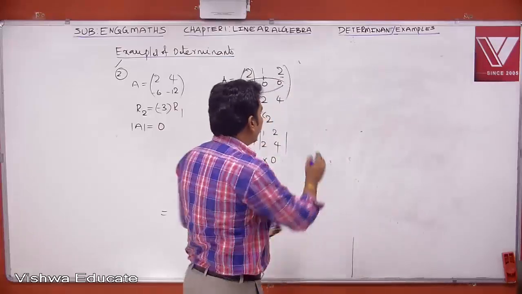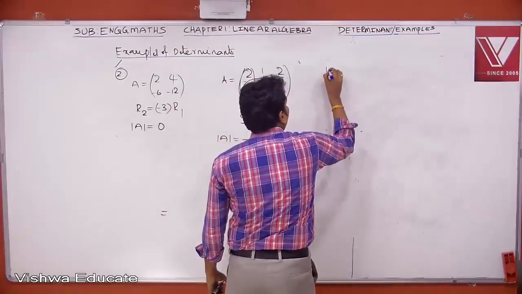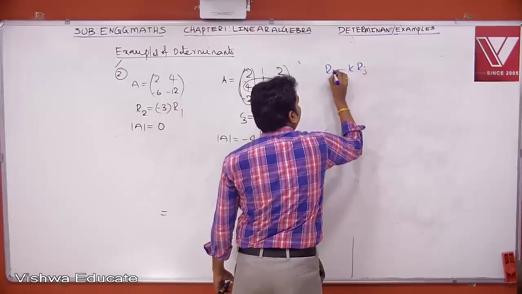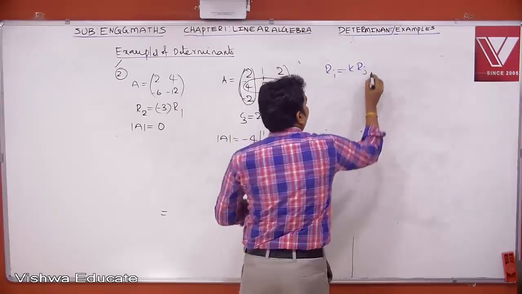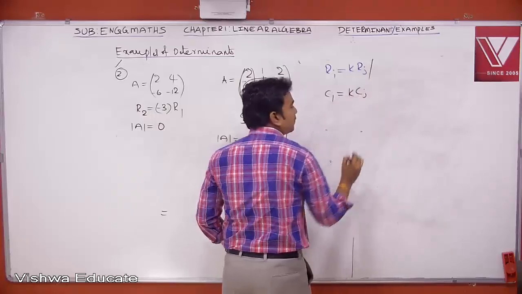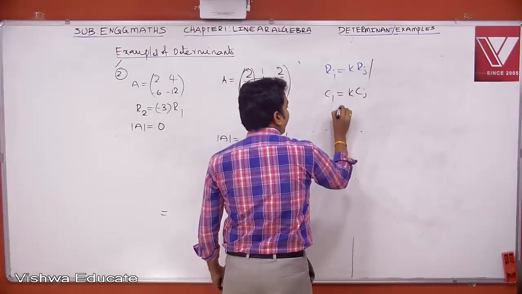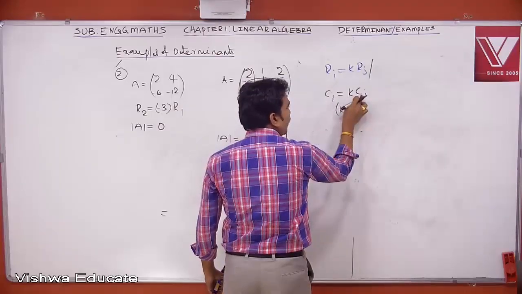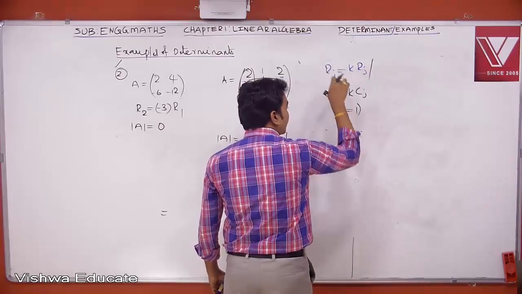Here, what I am saying in this context is Ri equal to k times of Rj, or Ci equal to k into Cj. Suppose if k equal to 1, a particular case, then the ith column equals the jth column, which we have discussed in the previous case.